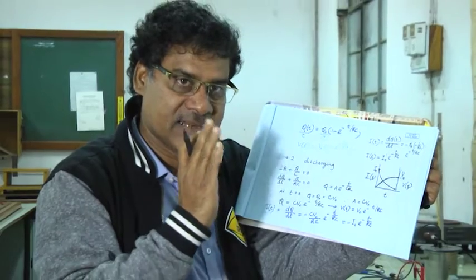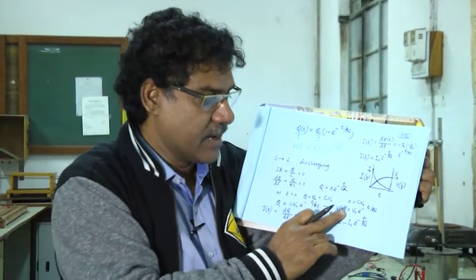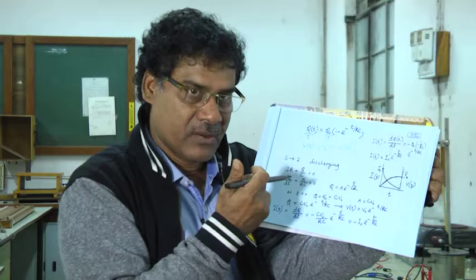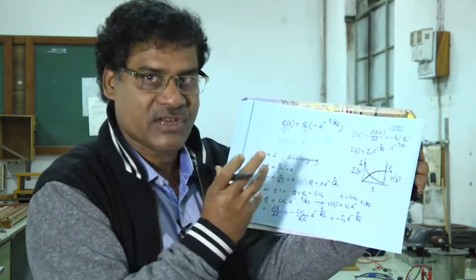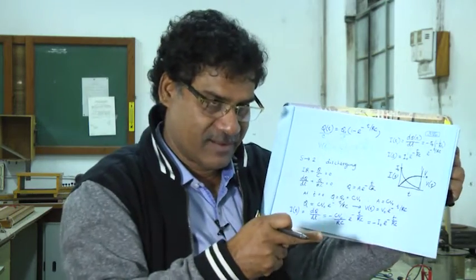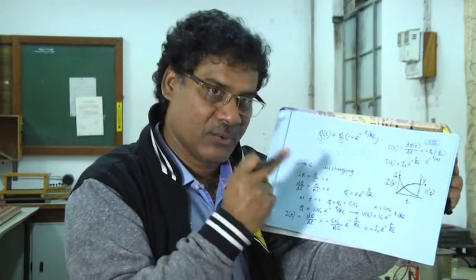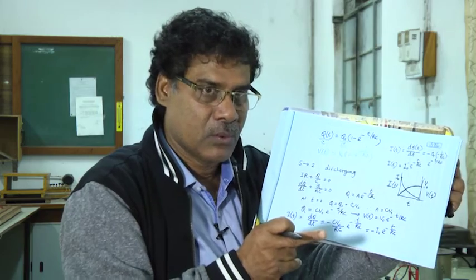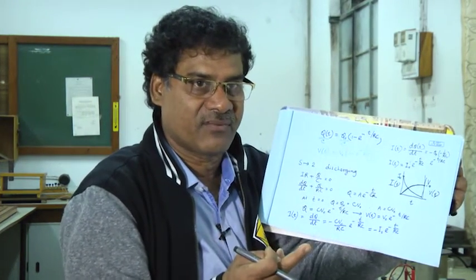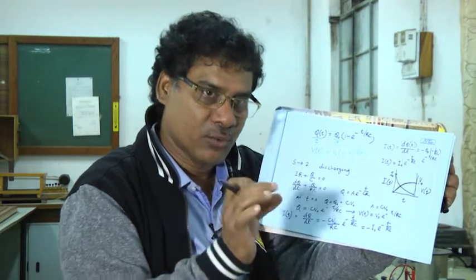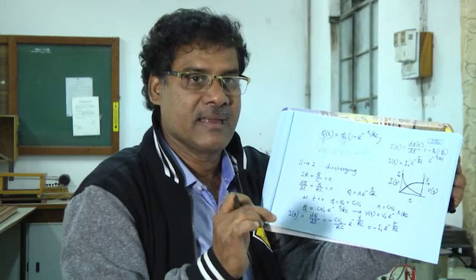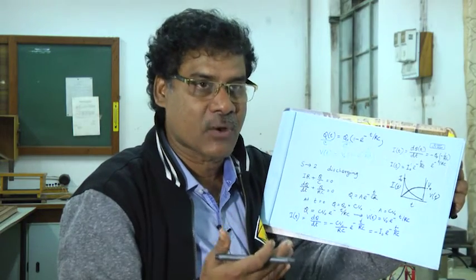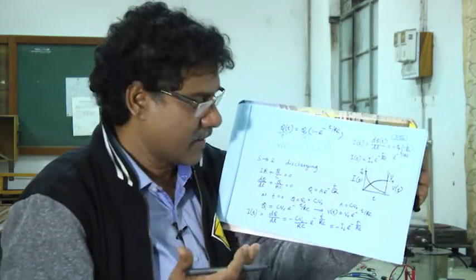Its significance is that, during discharging, the charge was fully charged at Q0, and the time it takes to decay this charge to 1 by e times of Q0 is called the time constant, and that will be equal to RC.